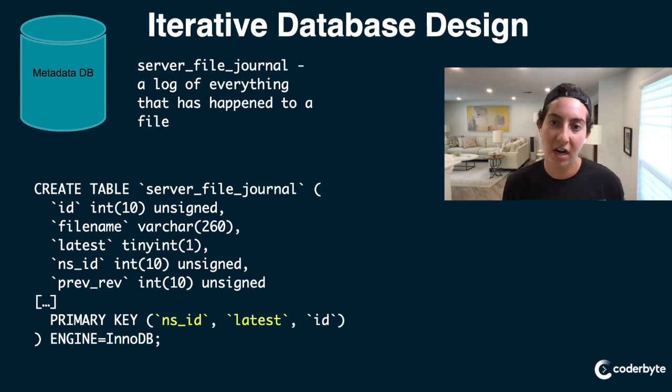You'd have to first get the whole table, then look for the latest version of the file, or you might look for all of the files in a namespace, then look for the latest version of the file. Now, it's all already ordered that way. So you can already assume that all of the files with the same NSID are together. And then the one file that is the latest is at the top.